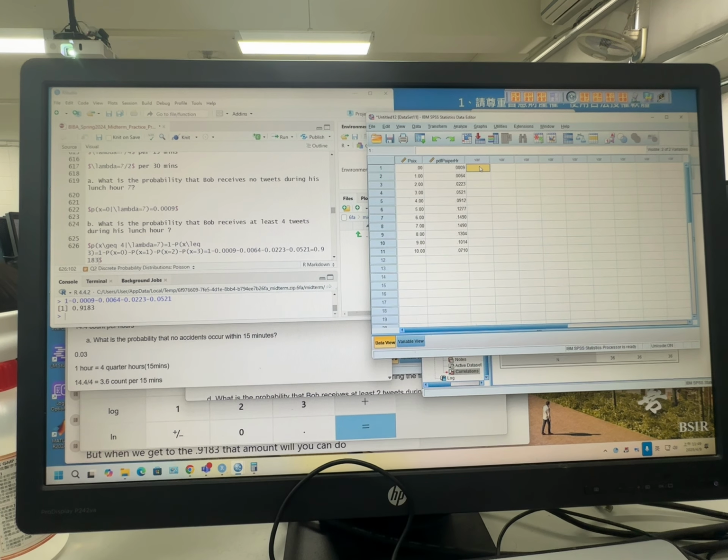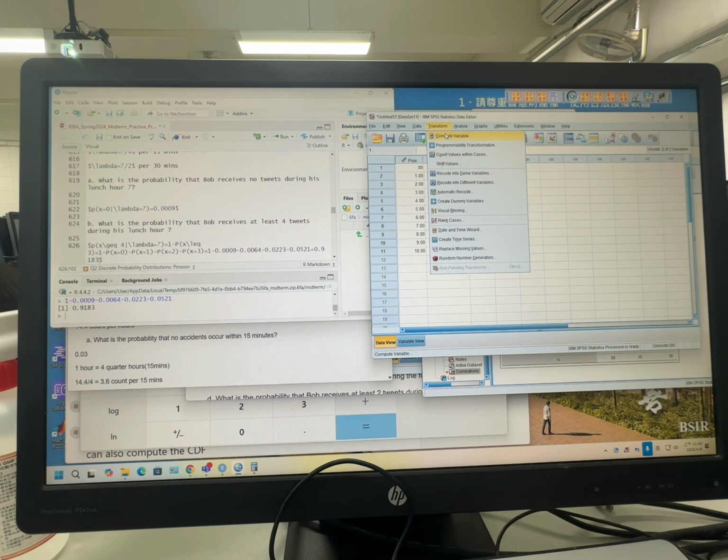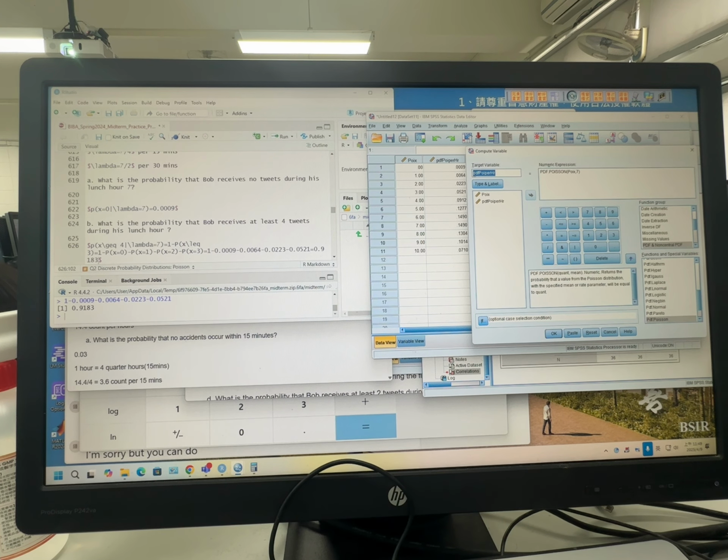But you can also compute the CDF. This one is a CDF, which sums up to the point. Not necessary, I won't ask you to do too much computing with complicated data, but the CDF solves the problem. It sums up to the data, so this one is the point.